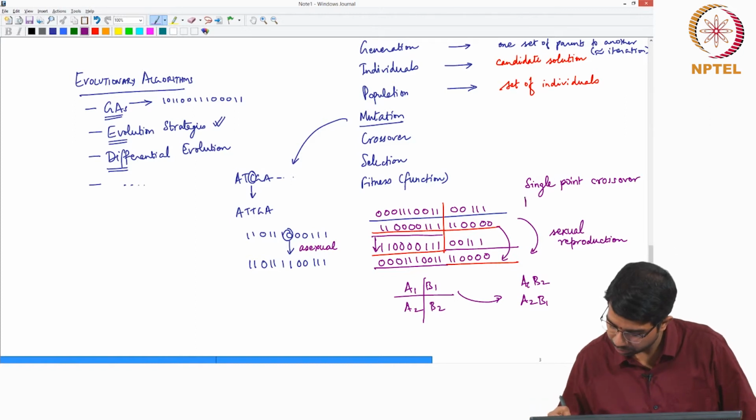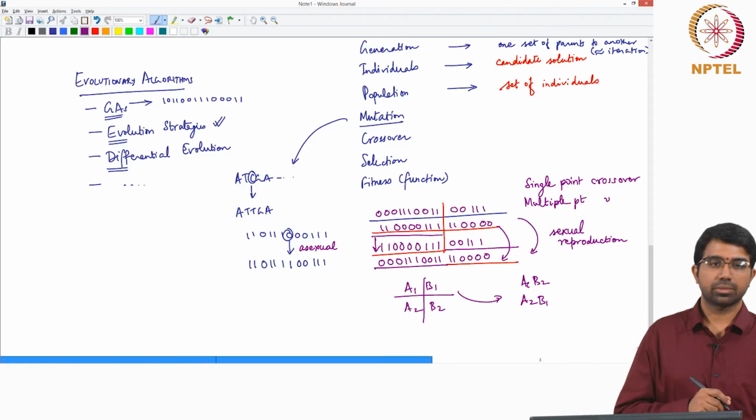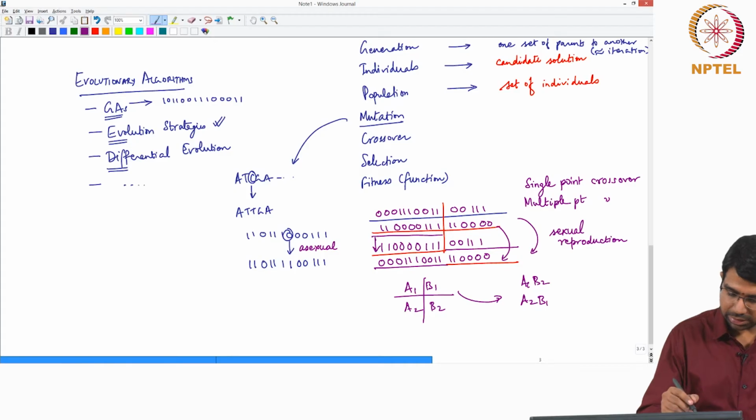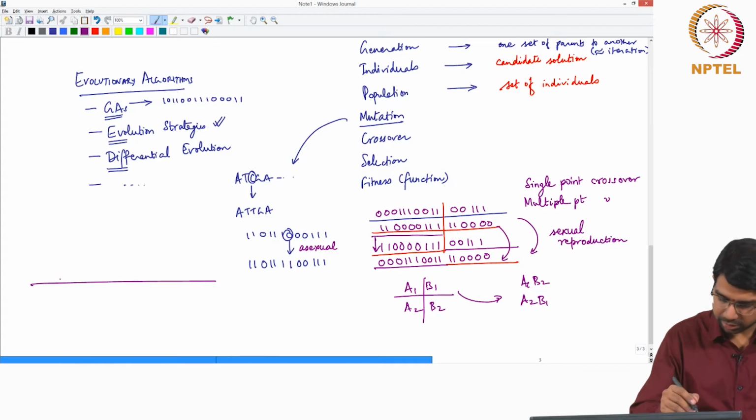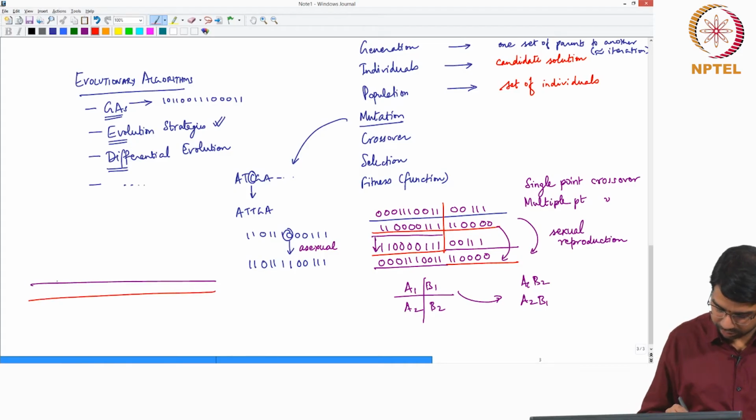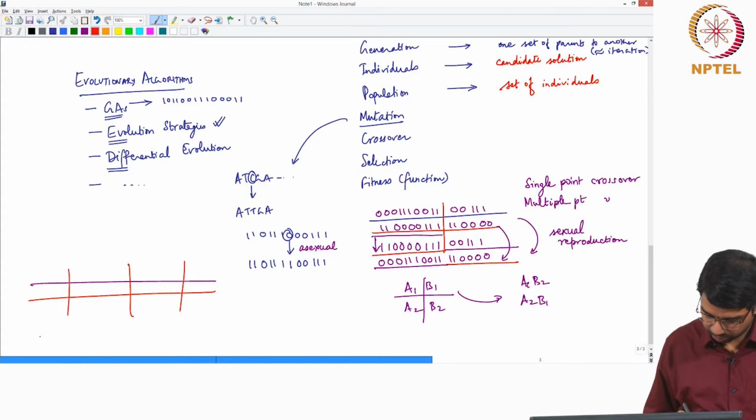You can have a multiple point crossover as well, right. So, basically let us say you have a gene that looks like this and another gene that looks like this, you have multiple points. So, basically this goes here, this goes here, this goes here, this goes here.